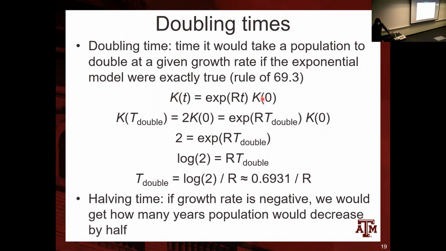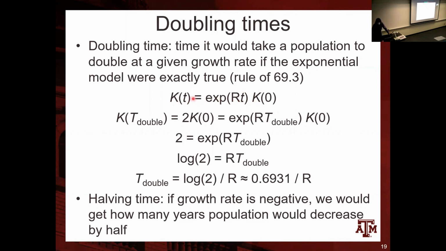That's the exercise. So what are we trying to get? The time in which the population will double in size. What exactly is the double? It's going to be 2 times this number here. I want to know how many years T we will need to increase this population from K0 to 2 times K0 if I keep this population growth rate.